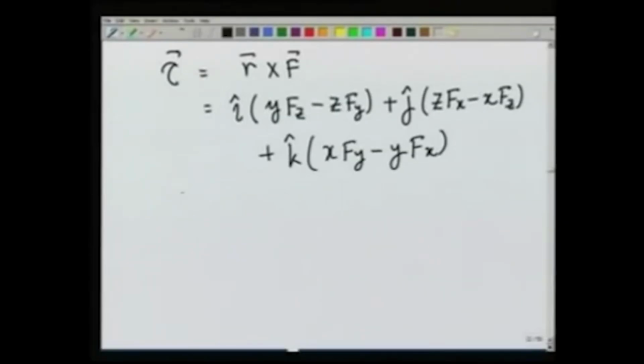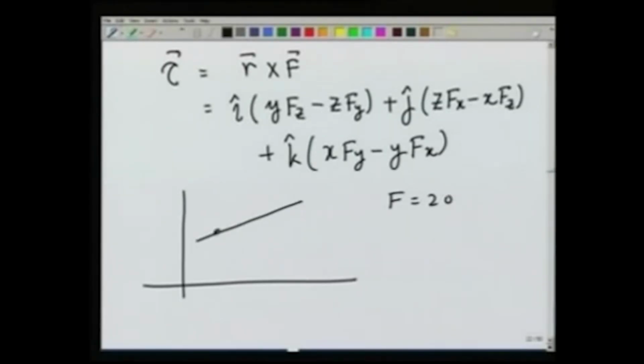So, let us take a simple two dimensional example. Let there be a force of 20 newtons acting along the line which is passing through, say, 1, 2 and 3, 3.